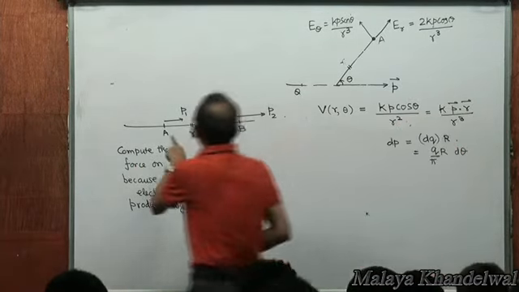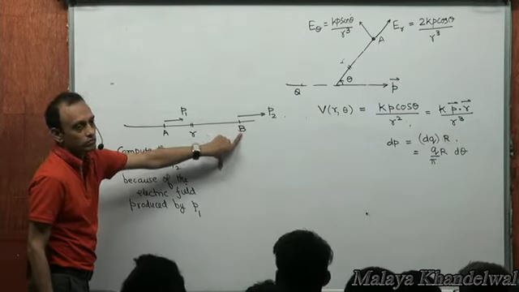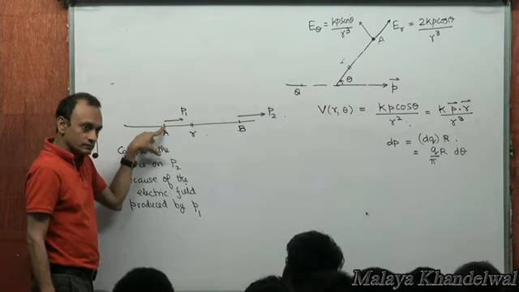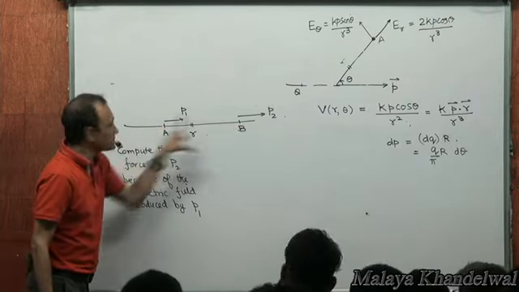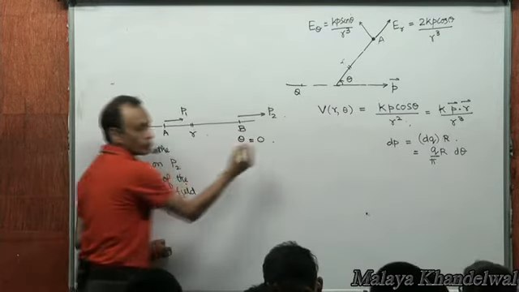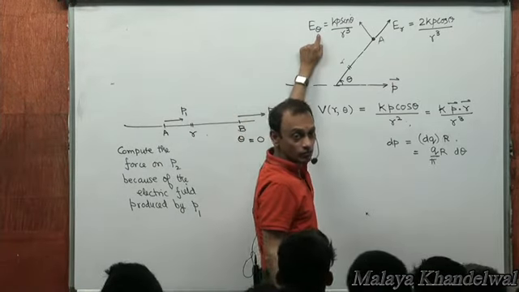Now, if you look at P1, then what's theta at B? 0. Right? I'm computing my electric field because of P1. Then at the point B, as far as P1 is concerned, theta will be 0. If theta is 0, then E theta will be 0.